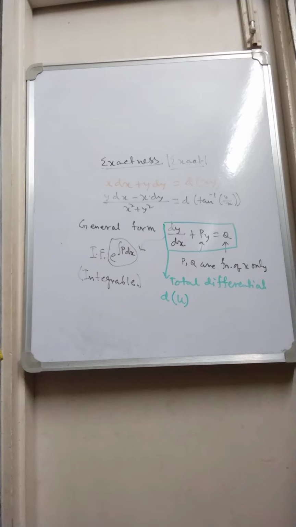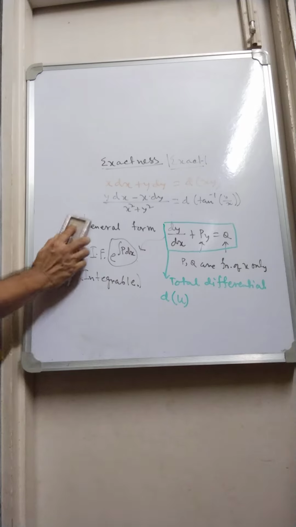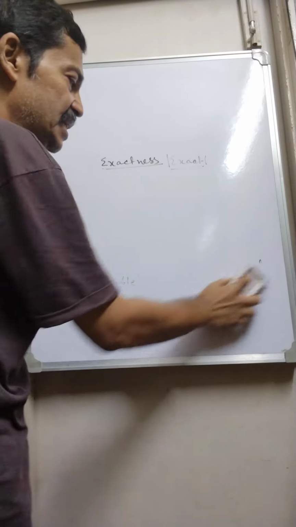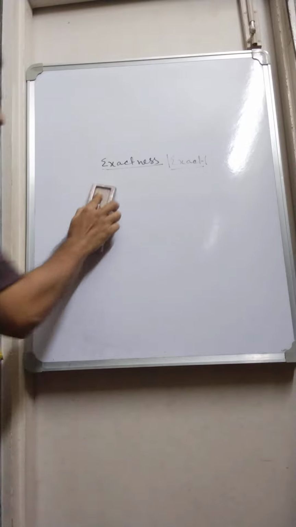Anyway, let us explain what is meant by this exactness with the general form dy/dx plus py equal to q.